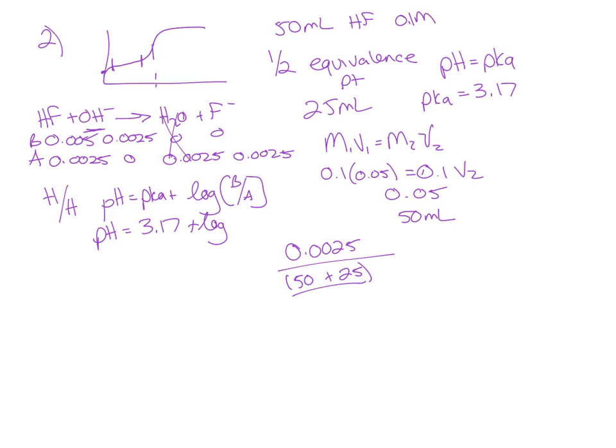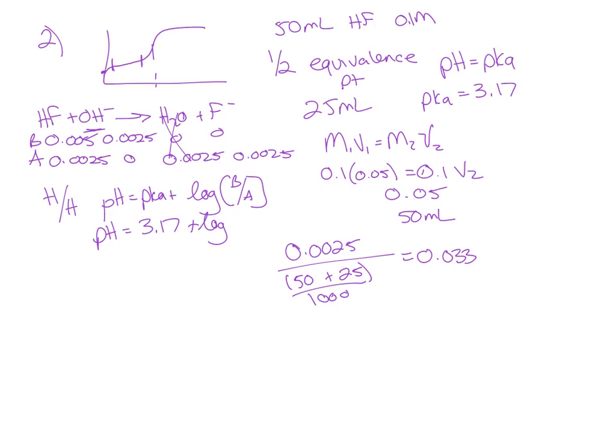I have this in milliliters, and obviously it needs to be in liters, so I'll divide that by 1,000, just for completeness sake. And I get 0.0025 divided by 0.075, and I get that my concentration is 0.033.